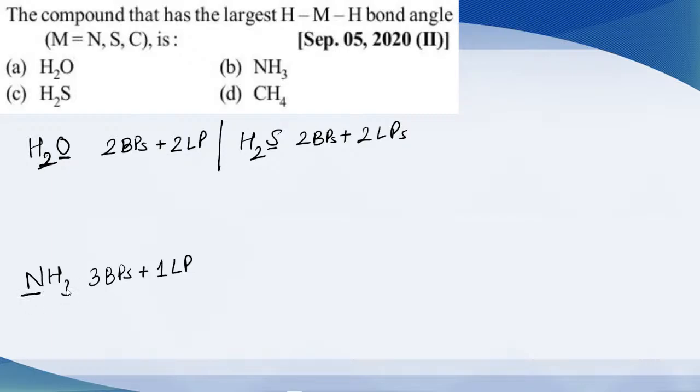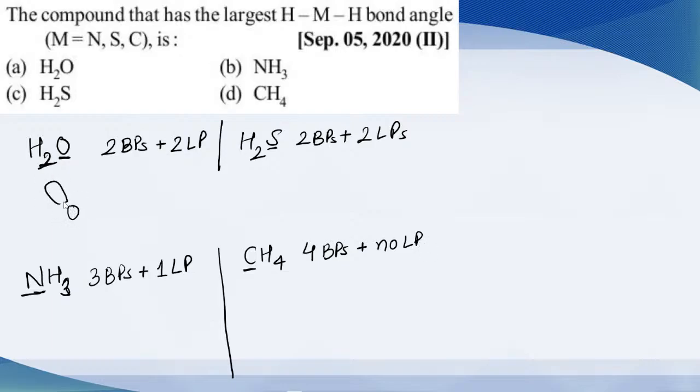Out of 5, 3 are used. So we are left with only 2 unshared electrons. So 1 lone pair. And what about CH4? Four bond pairs, and carbon has 4 valence electrons only. All the 4 are used. So 4 bond pairs, no lone pair.